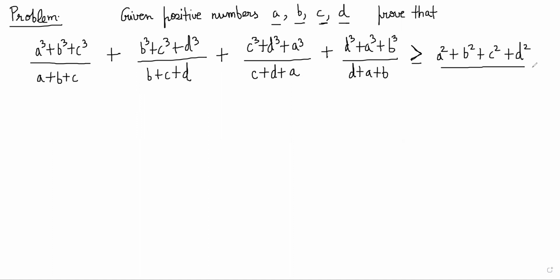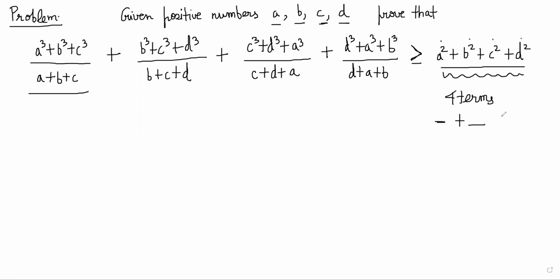Can we split this right hand side into four terms such that they are symmetrical and they carry three of these letters each, and when we add those four terms, we should get a square plus b square plus c square plus d square?